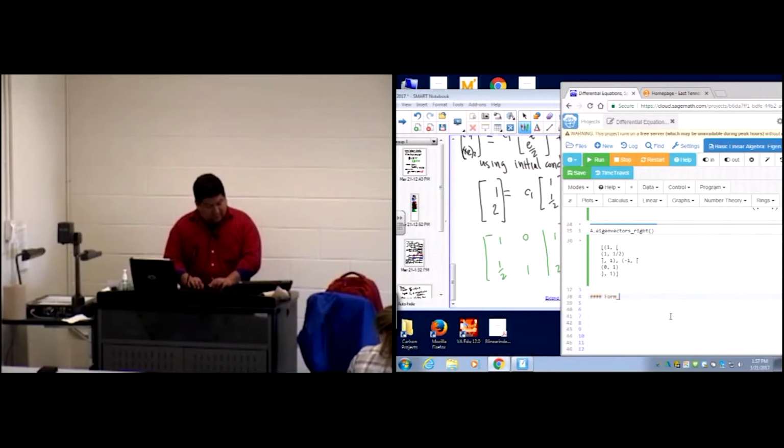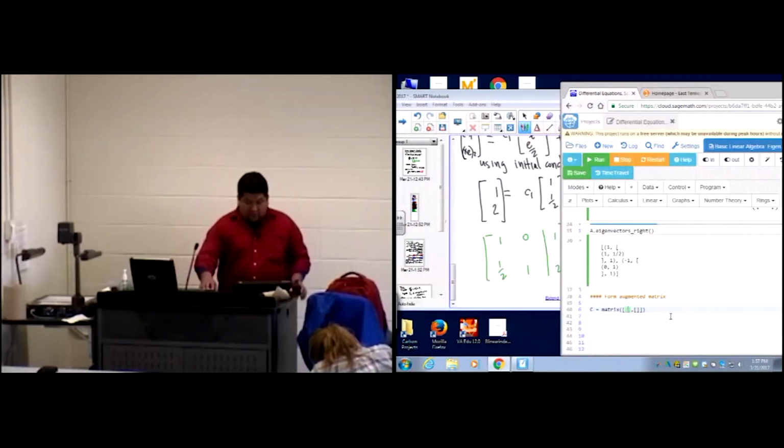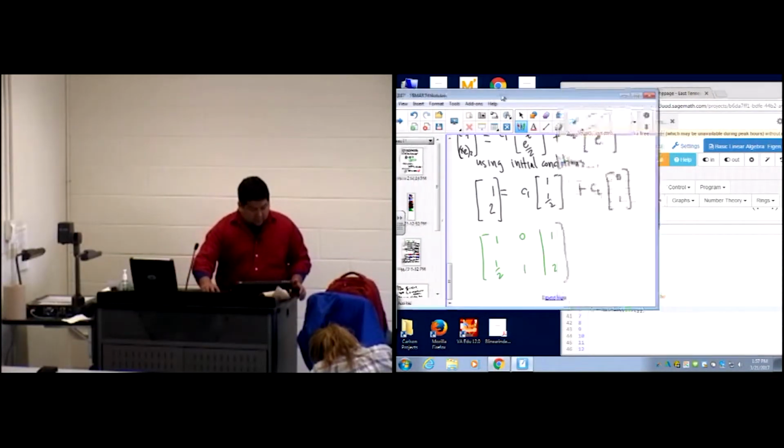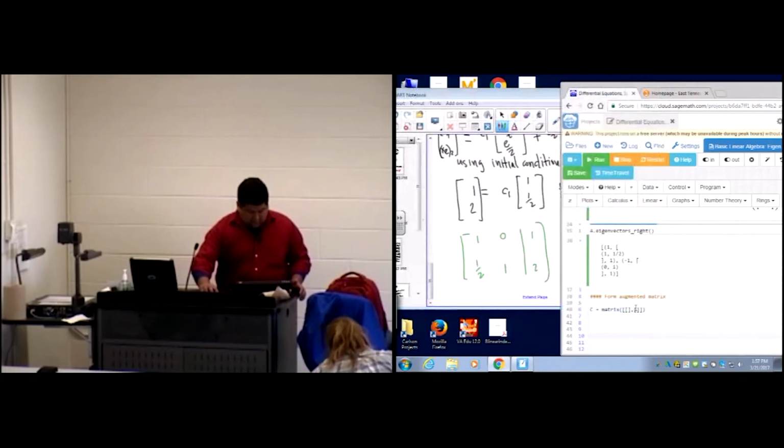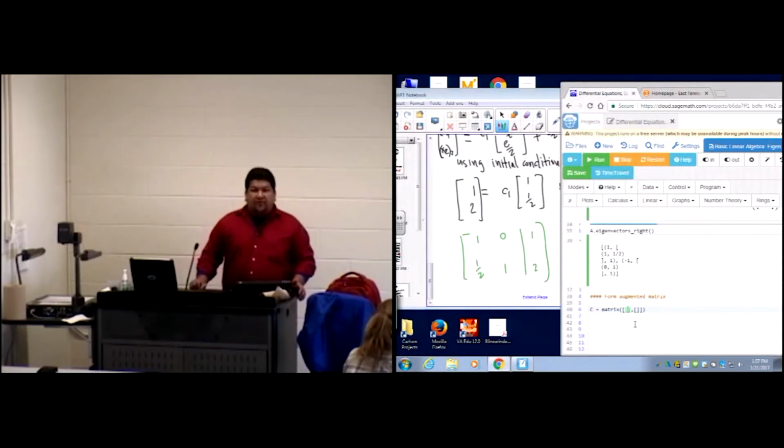I'm going to call this matrix C. This matrix is going to have two rows, okay? So I'm going to write it in terms of rows. For the first row I list the values inside square brackets, separated by commas.